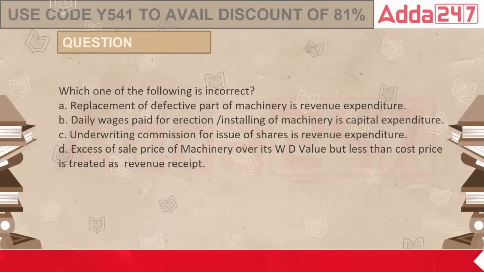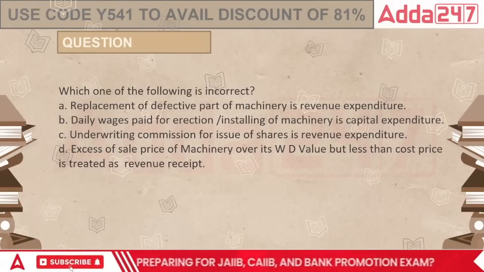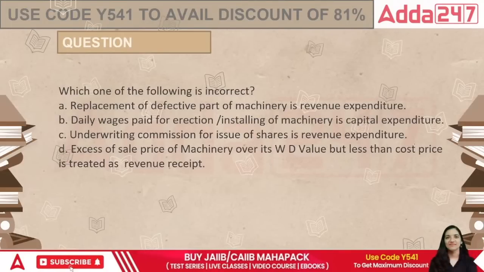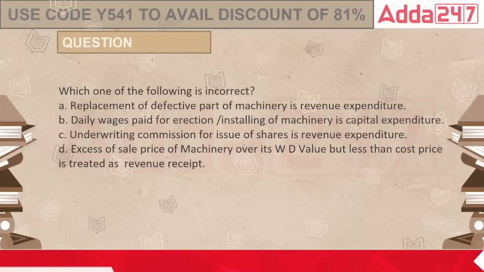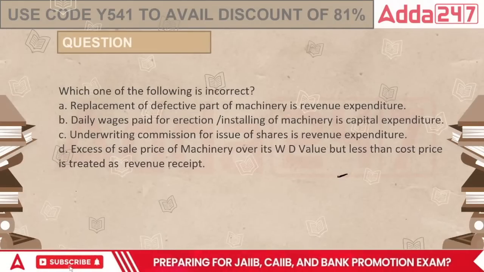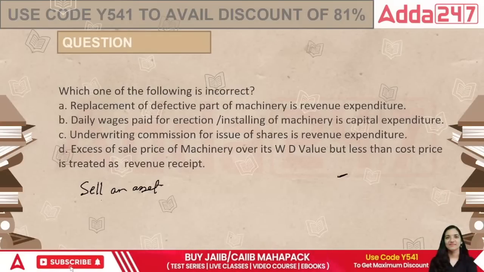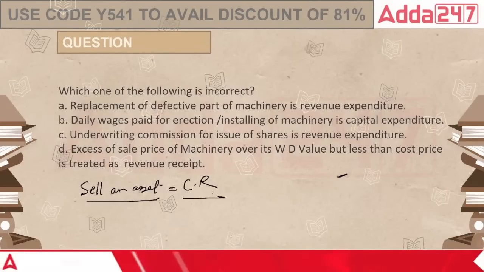Always remember, when you are selling an asset, it would never be a revenue receipt. It would always be what exactly, everyone? Whenever you sell an asset, it would always be a capital receipt, no matter what it is.